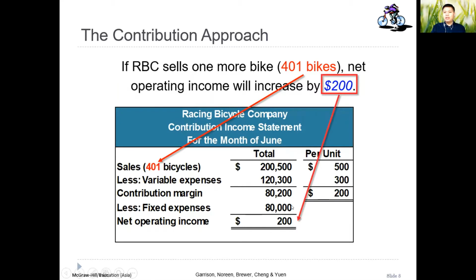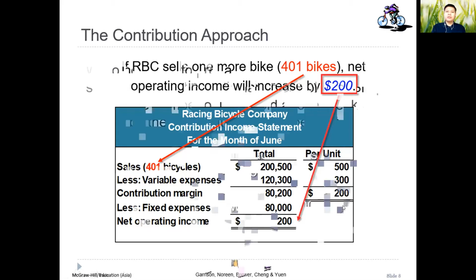The fixed expense remains the same, even if there is an increase in the units sold. Therefore, it is still at 80,000. So 80,200 minus 80,000, you get here 200. That's your net operating income. So an increase of 1 unit in your sales quantity, net operating income will increase by 200. And this 200 is equivalent to your contribution margin per unit.